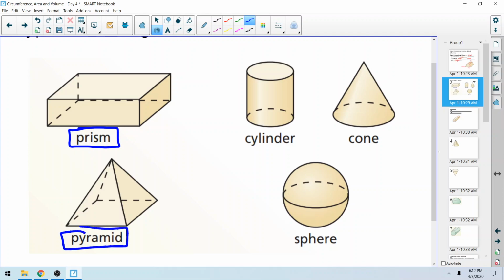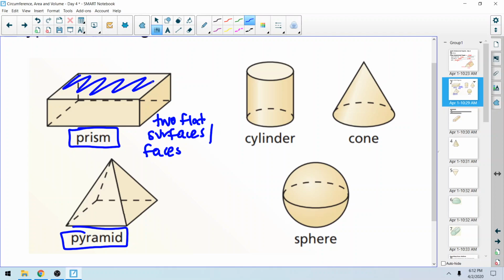pyramid. Okay? On a prism, it has two flat surfaces, or you could say two flat faces. So it's flat not only on the bottom, but also on the top.